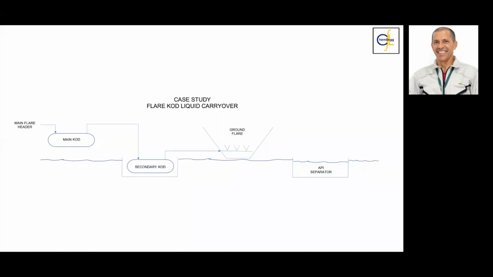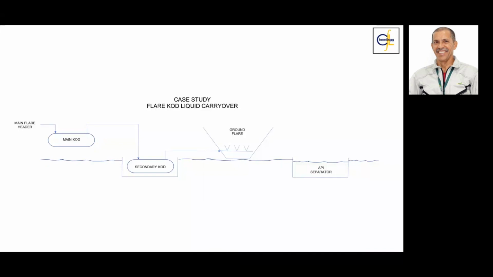When it reaches a maximum level, start. When it reaches a minimum level, stop. Normally these pumps have maybe a 50 or 100 gallon per minute capacity. So we are not talking about big pumps, and the operation is on-off because you don't expect a huge quantity of liquid to come with these streams during the relief.